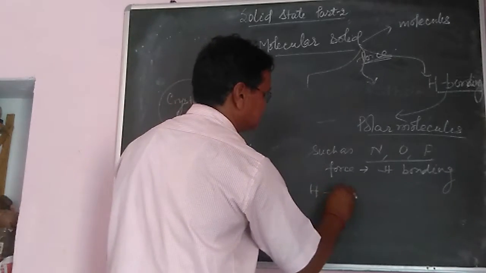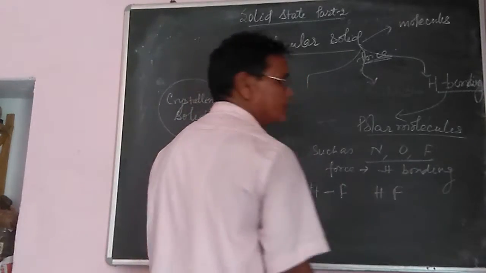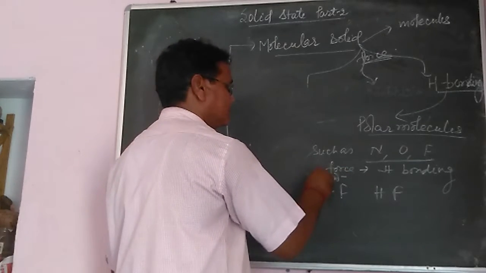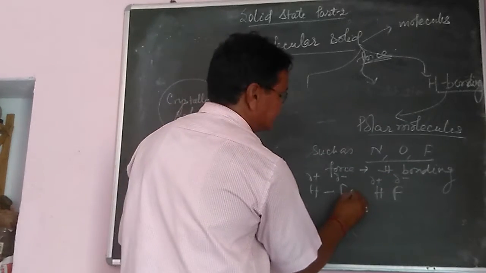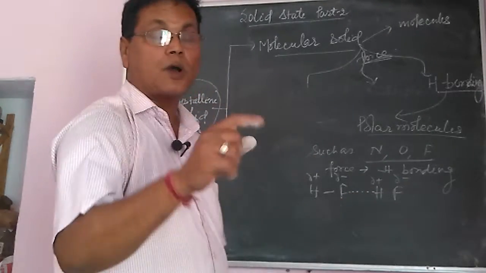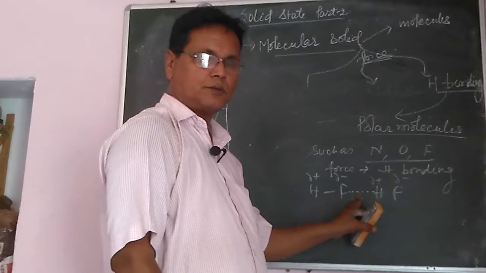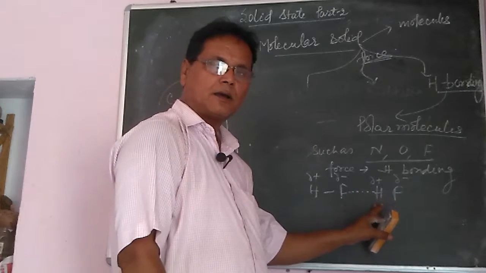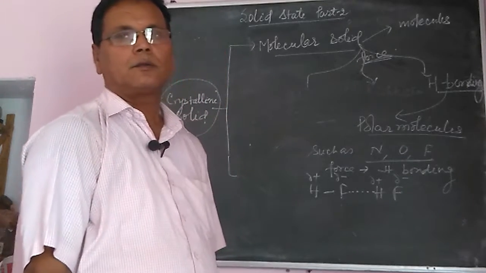I have given you the example that the molecule must have the highly electronegative atom along with hydrogen. Suppose HF, hydrogen fluoride, and another HF. In this HF, fluorine is highly electronegative in comparison to hydrogen. So what happens? A bond exists between the fluorine and the hydrogen of another molecule. This is called hydrogen bonding. Hydrogen bond means the bond formed between a highly electronegative atom and the hydrogen atom of another molecule.